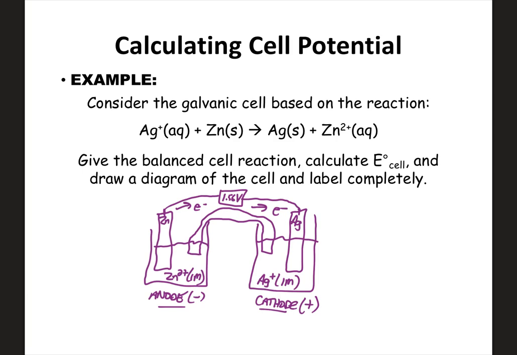You need to understand that on the anode side, as the zinc solid is losing electrons, you're forming zinc 2 plus, getting a buildup of positive in the solution. So I need the opposite charge to come in from the salt bridge. So the NO3 is going to be going toward the anode side. You can see that here.